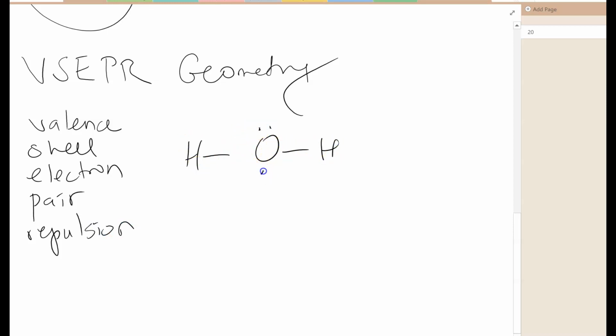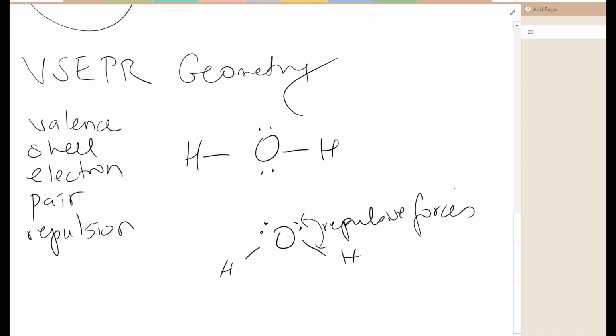it's fine if you do. But the reason we always draw the water molecule this way is because the lone pairs of electrons and the bonded pair here, there are repulsive forces, right? Why are they repulsive forces? Well, they're both negatively charged, so it's going to repel. And so when it repels, it bends. But how much can it bend?